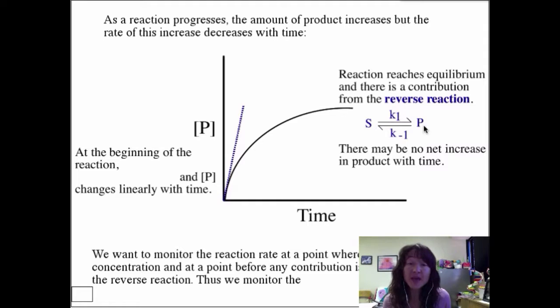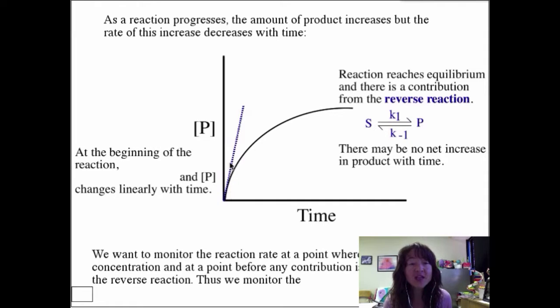There may be no more net increase of product with time, particularly if we have reached a true equilibrium where this has truly hit the asymptote. Now, let's contrast this with what was happening at the very beginning of the reaction, in which substrate was converted to product rapidly, and note, linearly.